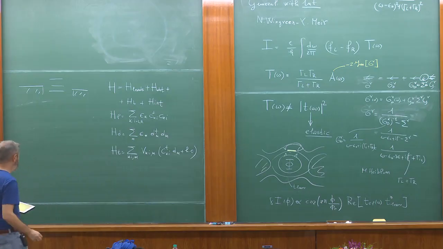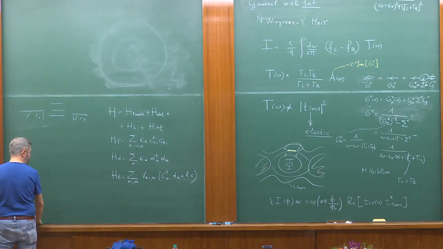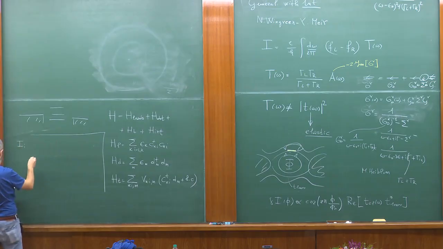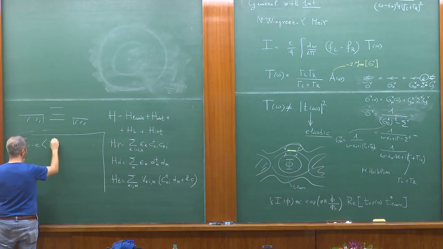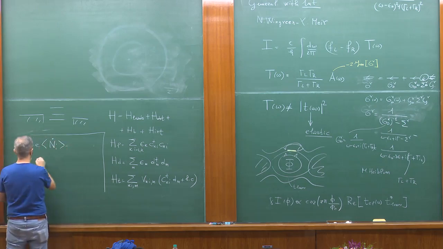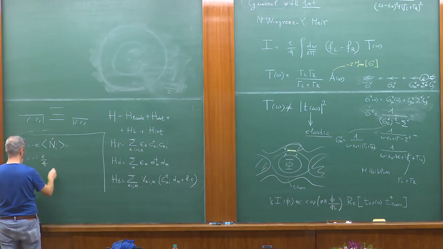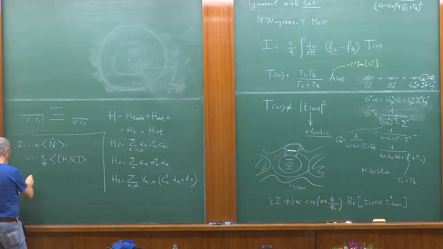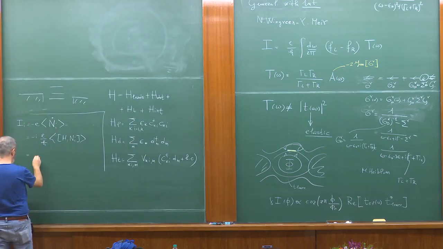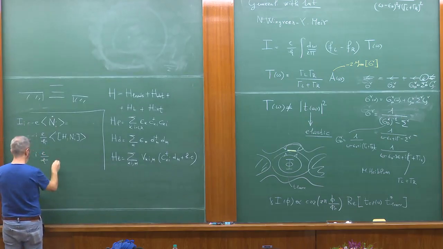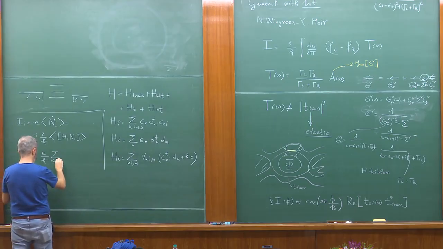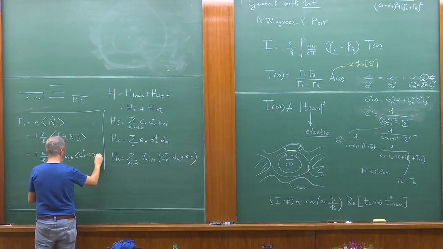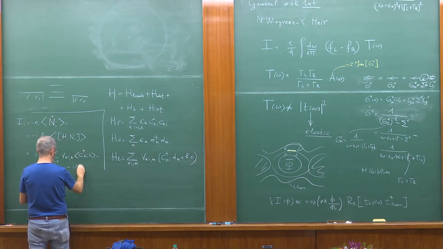As we had done last time, already two days ago, we can compute the current I as minus e N dot i, and this is equal to minus e over h bar, H commutator with N i. Then you do the commutator and you will get i e over h bar, sum over k and n, V ki n, c dagger ki d n minus the complex conjugate.